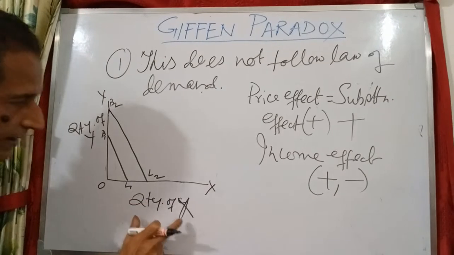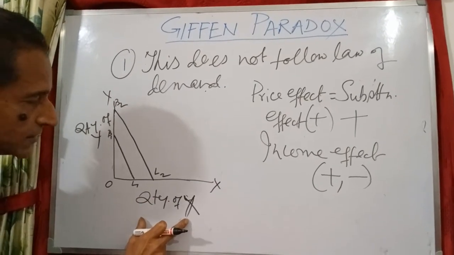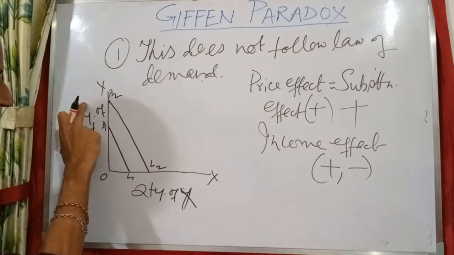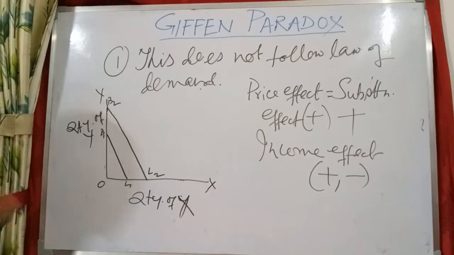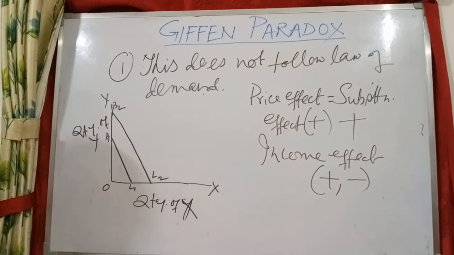Here the price of X has remained constant, the price of Y has remained constant, only the money income of the consumer has increased.